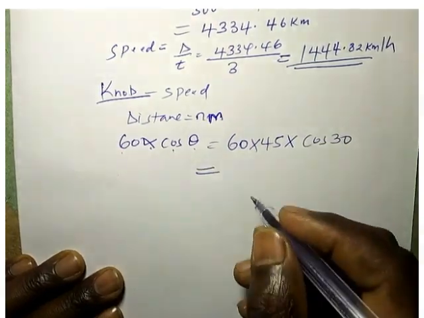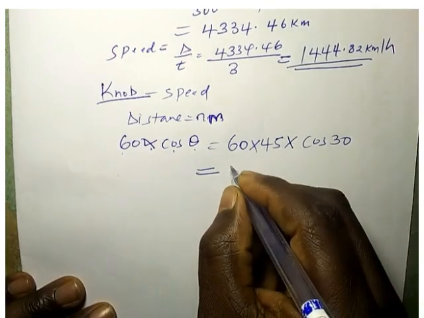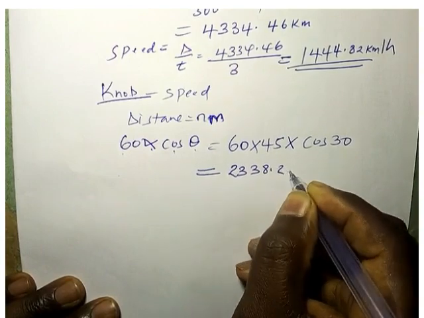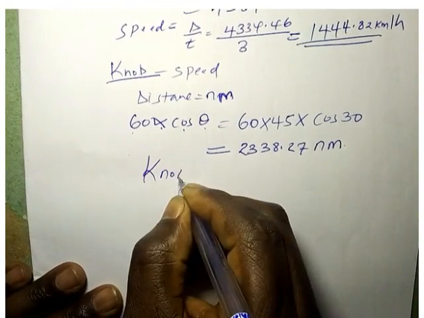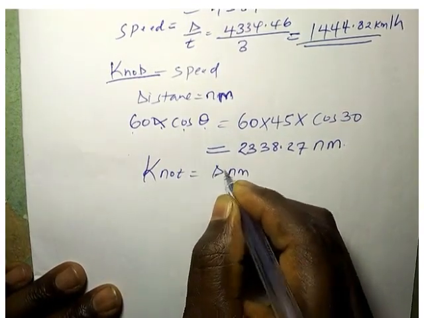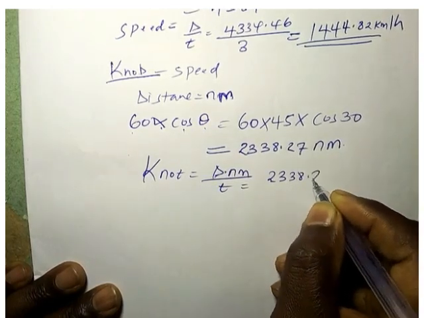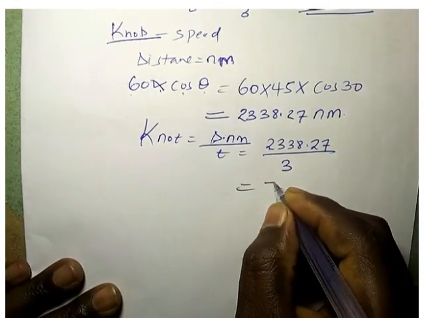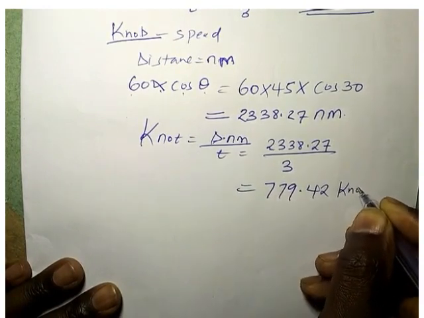This gives us 2338.27 nautical miles. So speed in knots is equal to distance in nautical miles divided by time: 2338.27 divided by 3 hours gives us 779.42 knots.